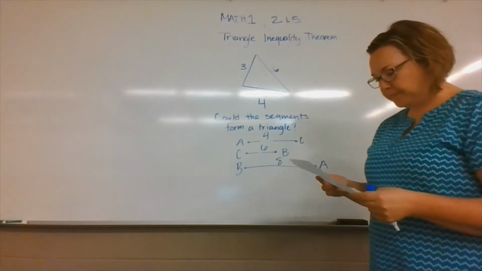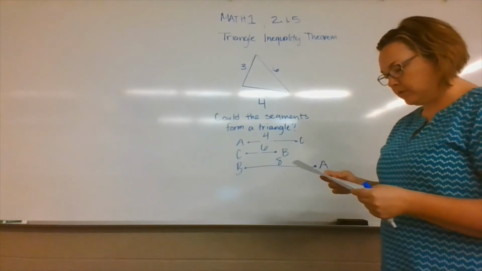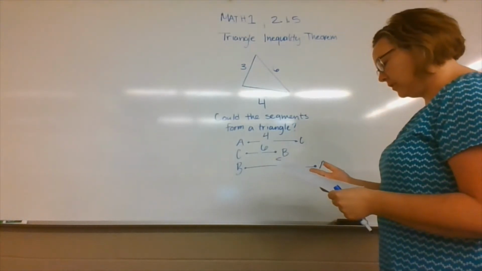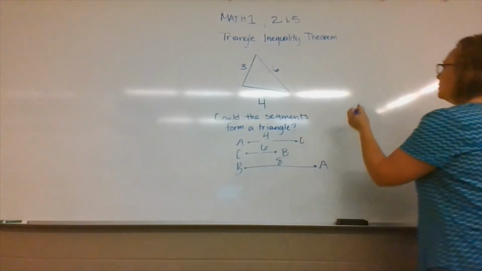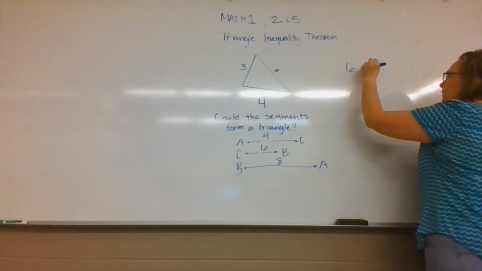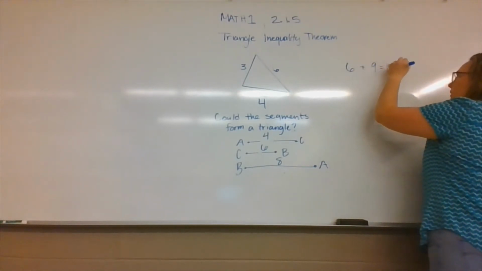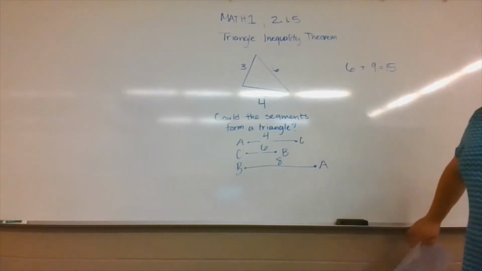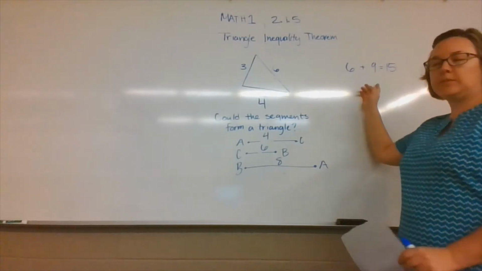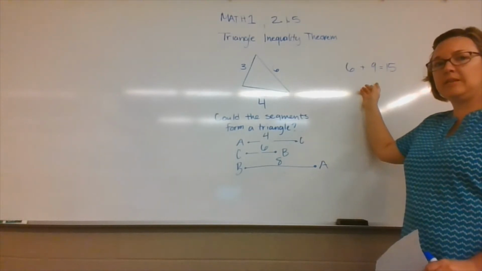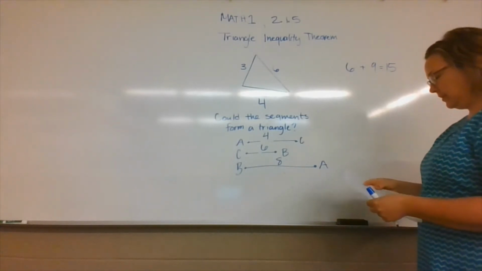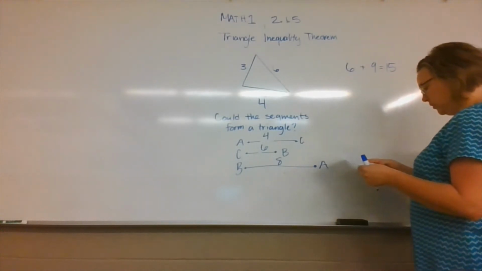Okay, let's say you have a triangle that has two sides of length 6 and 9. What could the third side be? So if you have a triangle with two side lengths of 6 and 9, you need to add those together, and that's 15. 6 plus 9 is 15, so our third side needs to be anything smaller than 15, but also it can't be too small.